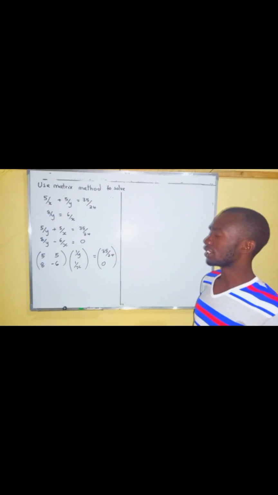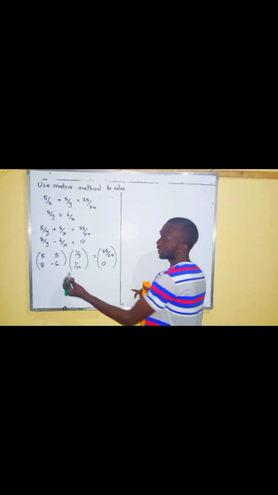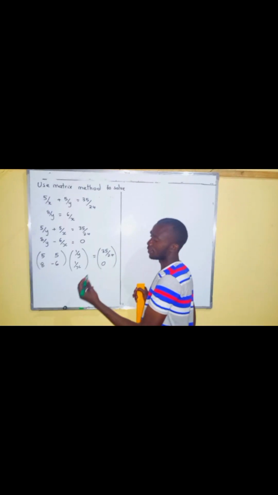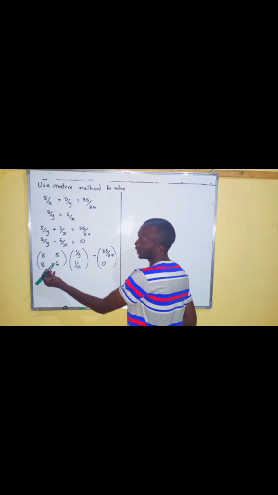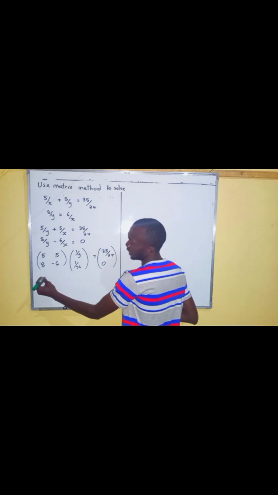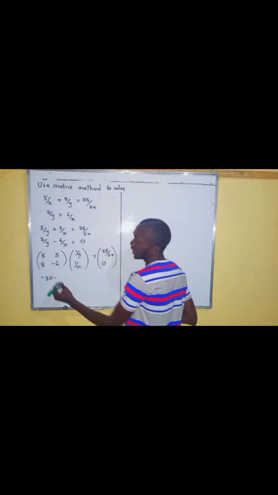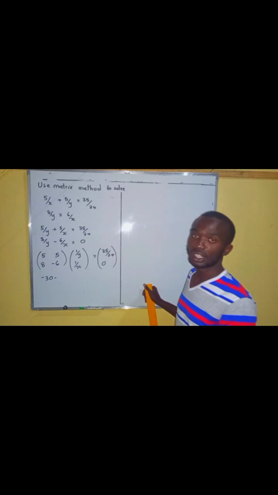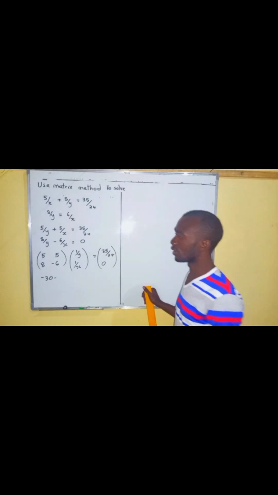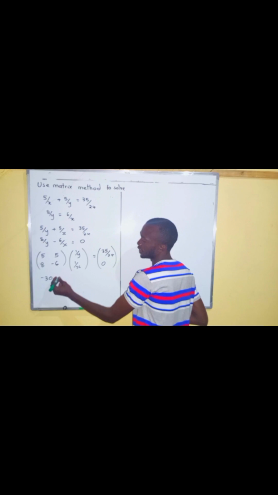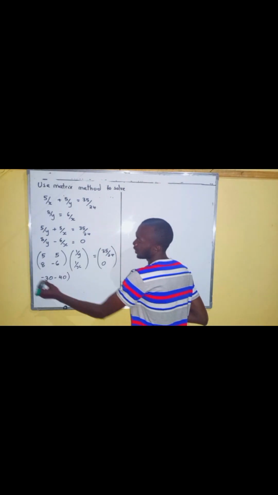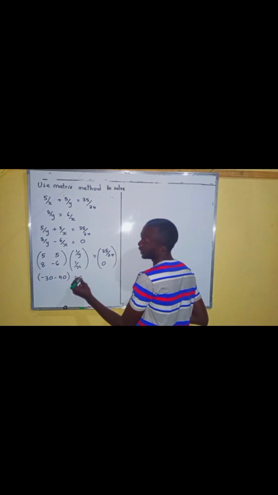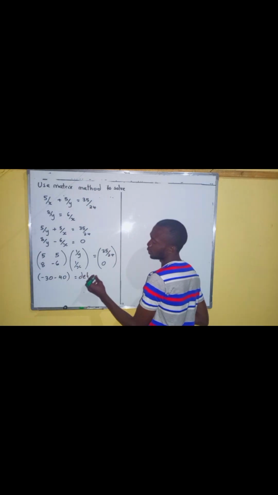Now the determinant: we take the product of the primary diagonal, that is 5 times negative 6, which gives negative 30. Then you subtract the product of the secondary diagonal, that is 8 times 5, which is 40. So the determinant is equal to negative 70.